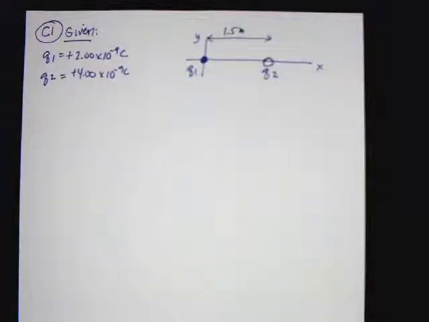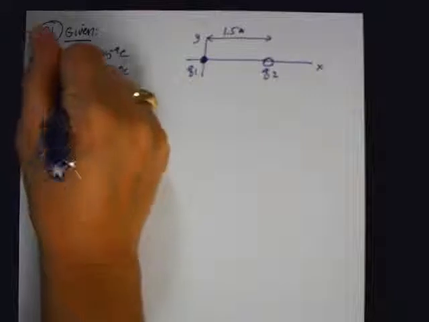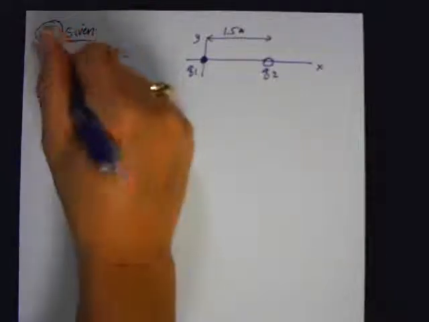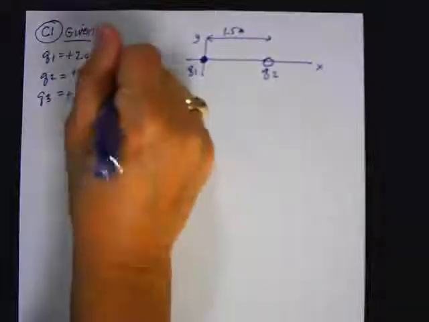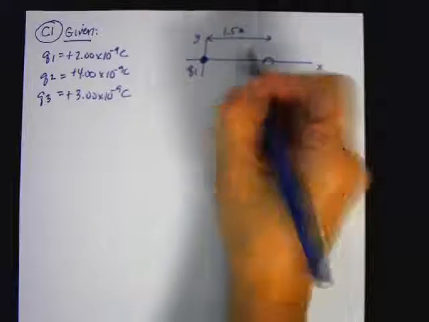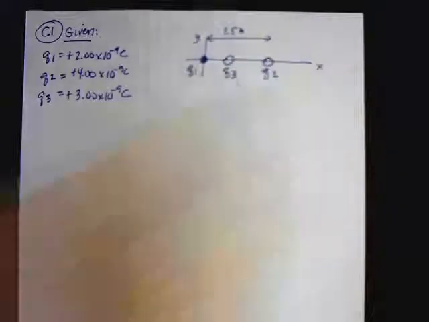Find the point between these two charges where a charge of 3 times 10 to the negative 9 coulombs should be placed so that the net force on it is 0. So now I have a third charge, Q3, which is 3 times 10 to the negative 9 coulombs. And I am not sure where this charge is going to be. So I'm just going to randomly put it anywhere in my diagram.